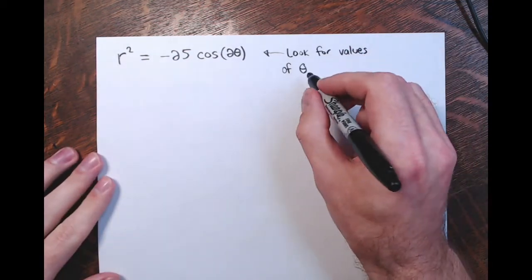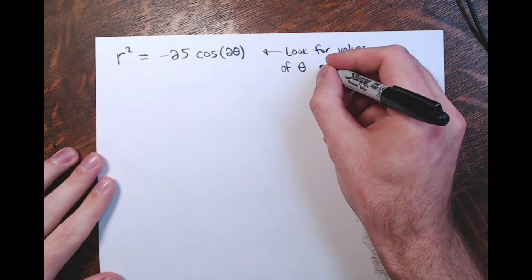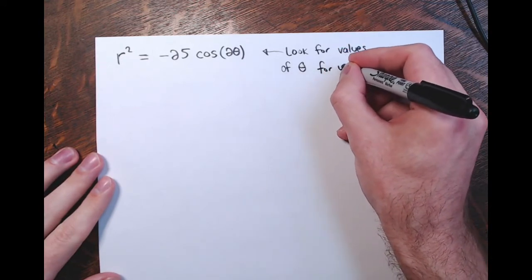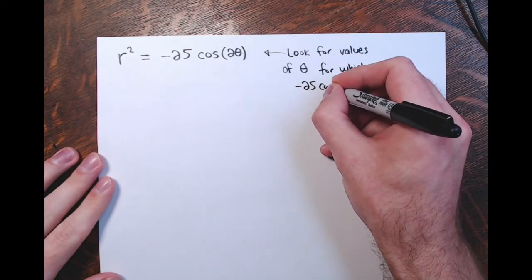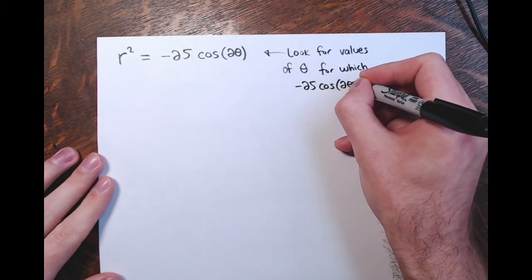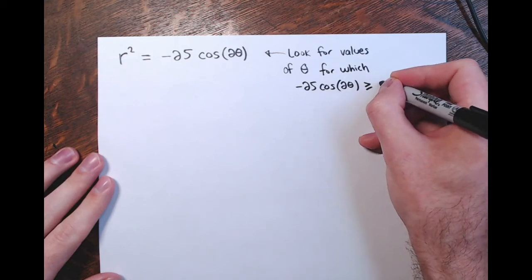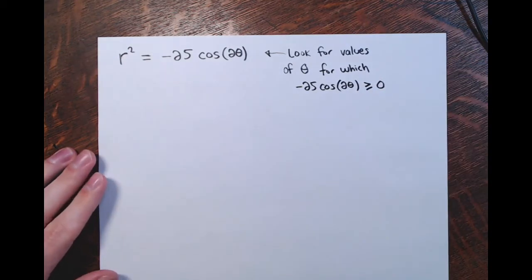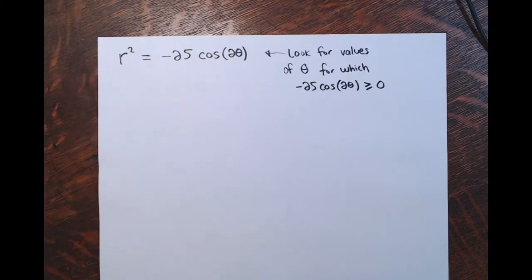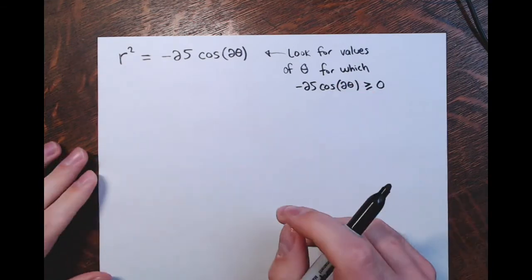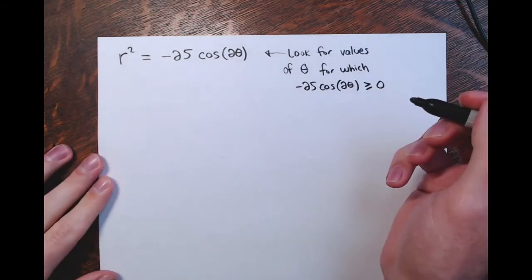So I'm going to look for the values of theta for which negative 25 times the cosine of 2 theta is greater than or equal to 0. The only reason I'm doing this is because this is r squared here, and these will be the only allowed values of theta.